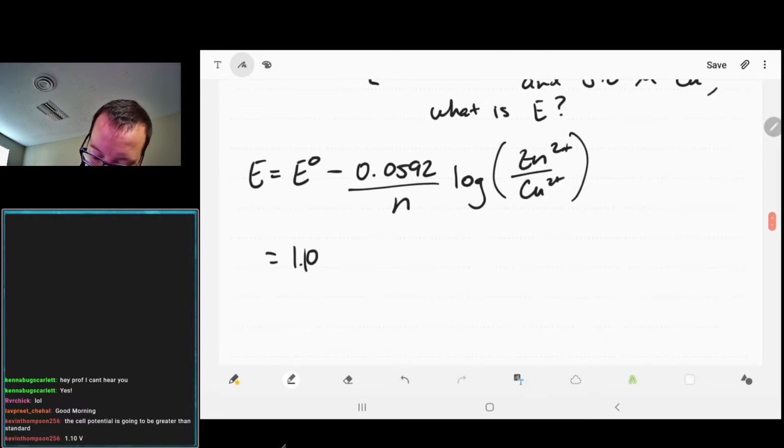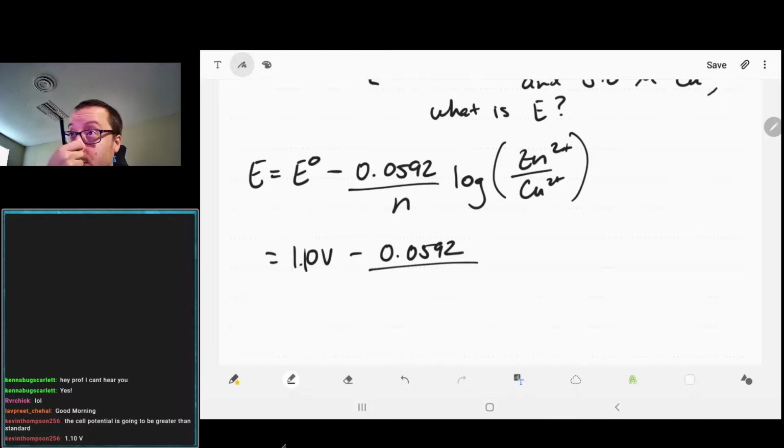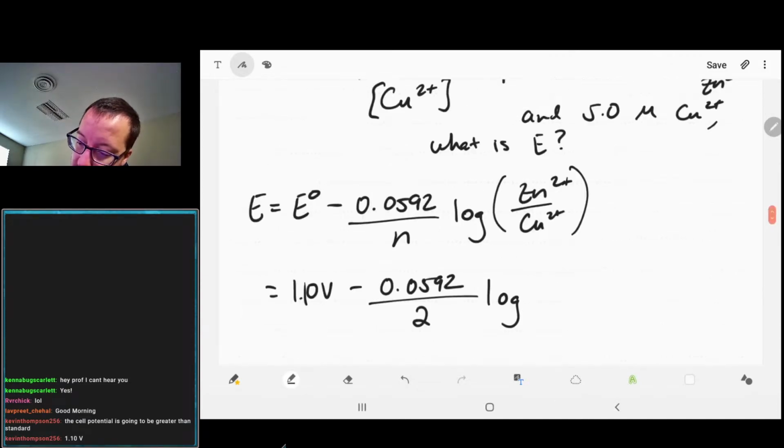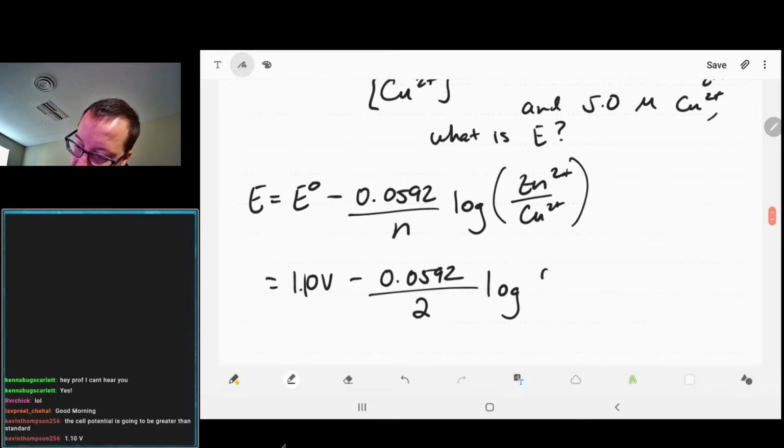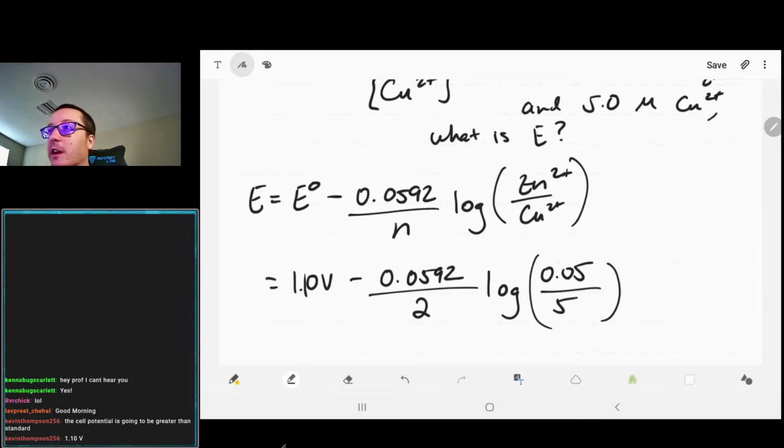Wow. 1.1 volts minus 0.0592. Units for that is volts as well. We have 2 electrons happening in this reaction. We have the log of 0.05 over 5. So that should be negative 2, right?